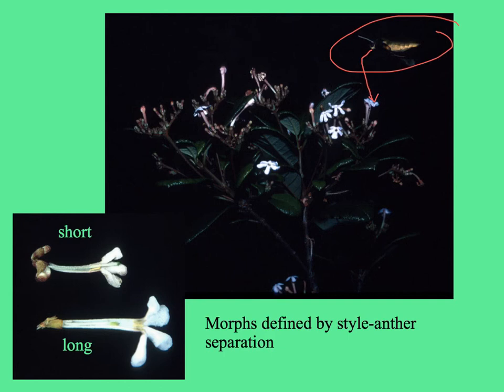This one is a short-styled morph. Oops, I think I've got this backwards. The short-styled morph here with an inserted style, here's the style, and a long-styled morph here with the stigma sticking up above the anthers, which are at the mouth of the corolla tube, both of these places.